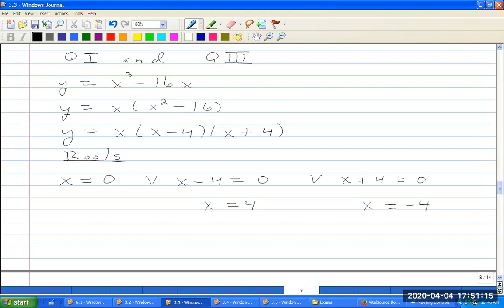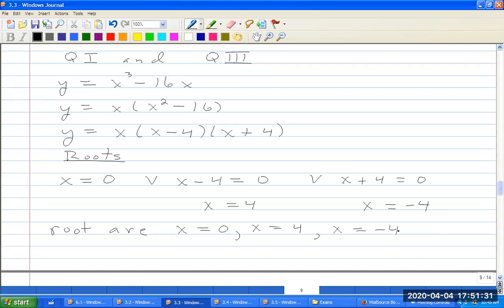And so the roots are x equals 0, x equals 4, and x equals -4.